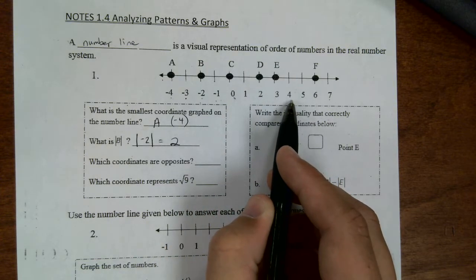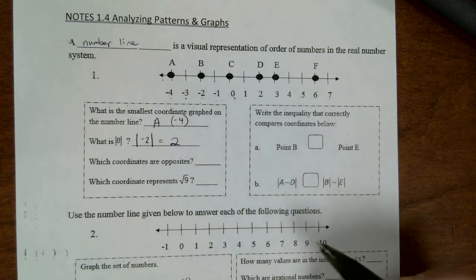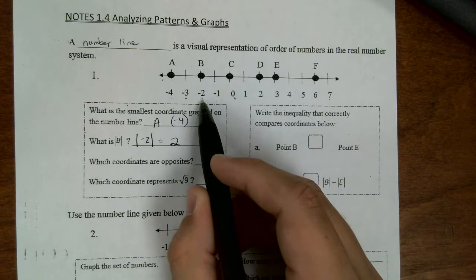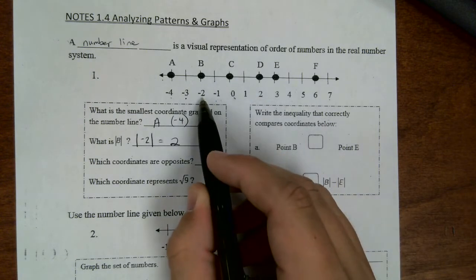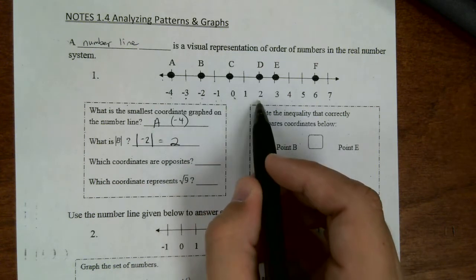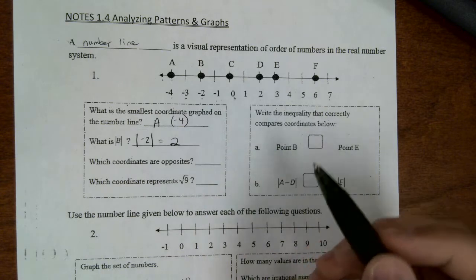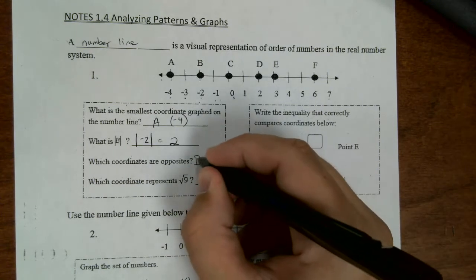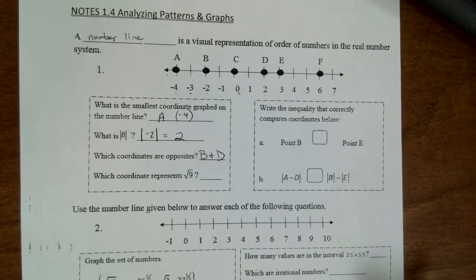Since there's not a point on +4, the opposite of -4 is implied. Let's try B. B is 1, 2 away from 0, and D is 1, 2 away from 0. Because B and D are both an equal distance away from 0 on this number line, we would consider those numbers to be opposites, -2 and 2.